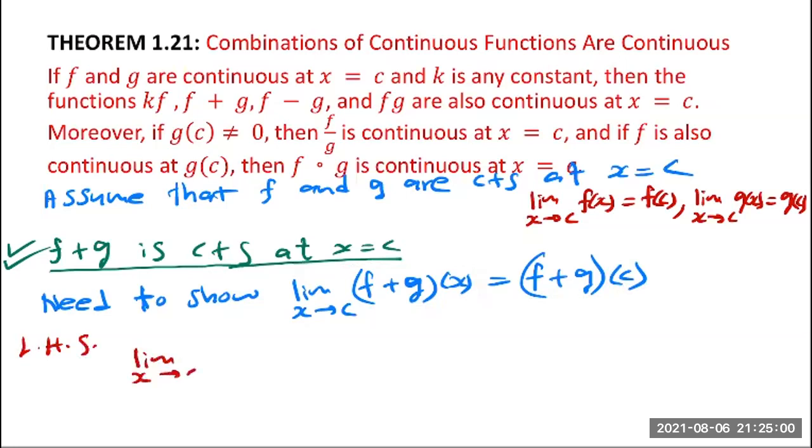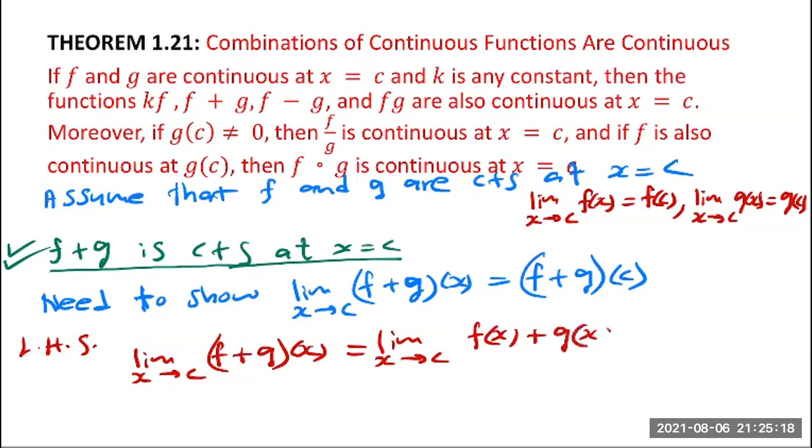My left hand side is the limit as x approaches c of f plus g of x. But by the definition of the sum of two functions, this is the same thing as the limit as x approaches c of f of x plus g of x. Now I'm going to distribute this limit inside the parentheses.